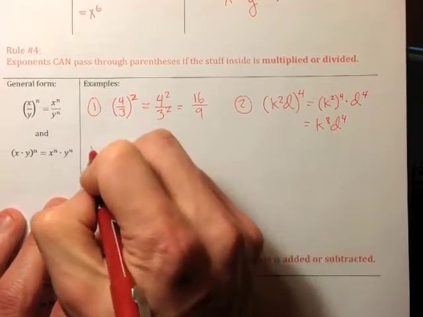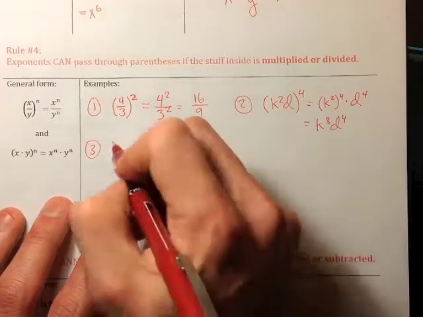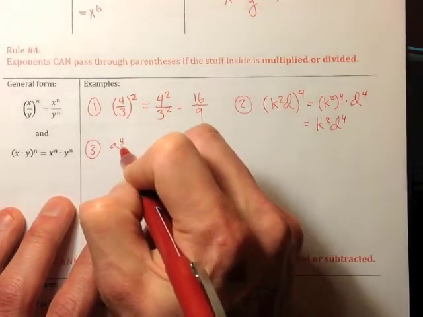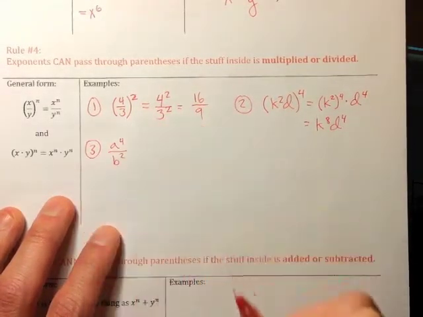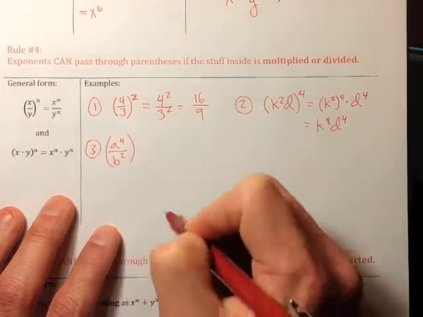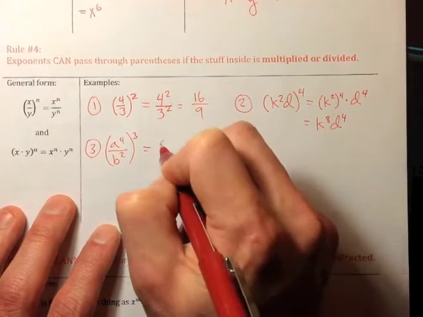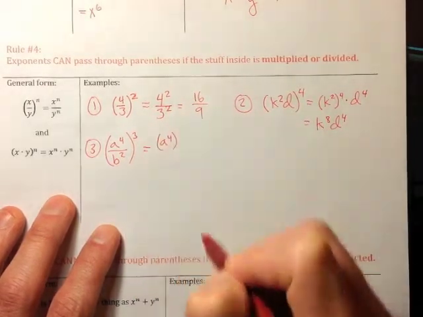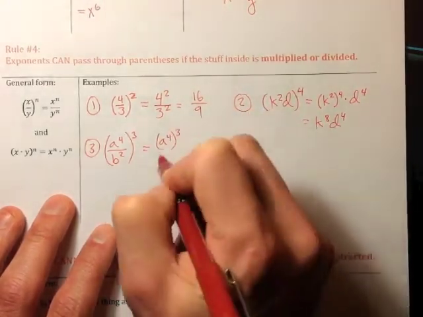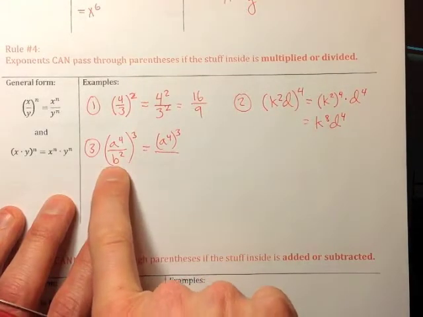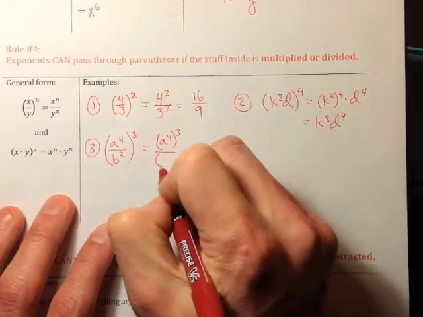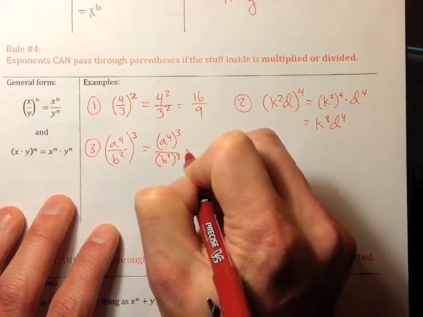Now let's look at another example that gets a little bit more difficult, not terribly so though. How about a to the 4th power divided by b to the 2nd power? Let's raise all of that to the 3rd power. Well, here, this is the same thing as a to the 4th power in parentheses to the 3rd power, and then I'm going to take the b squared and raise it to the 3rd power separately, b squared to the 3rd power.